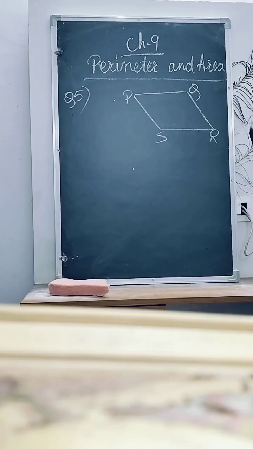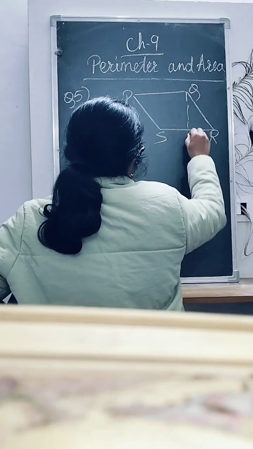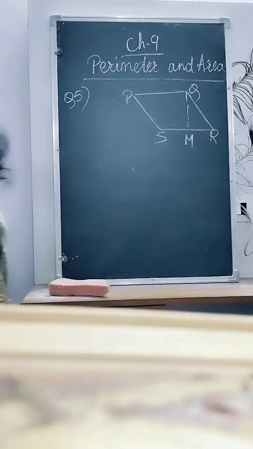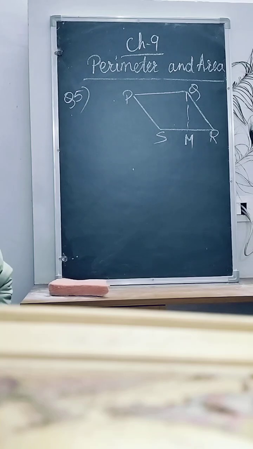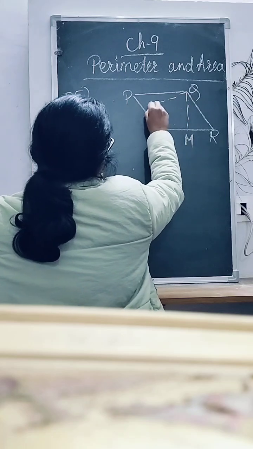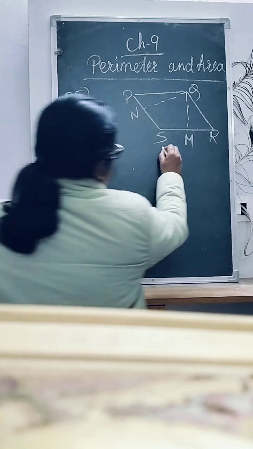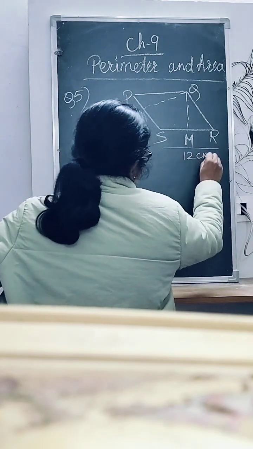Now next, PQRS is a parallelogram. QM is the height from Q to SR, and QN is the height from Q to PS. SR is given as 12 centimeter, which means this total is 12 centimeter.